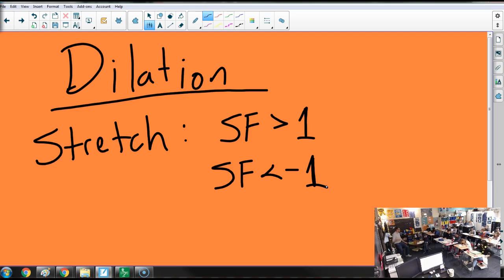Now, really, we don't actually scale with negative numbers. What does that actually mean? I was thinking that negative is actually going to be some kind of flip, right?